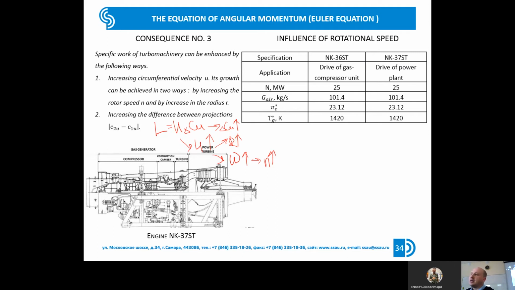Initially, it was the aircraft engine NK32, a three-shaft bypass engine with afterburner, and it was for military aircraft, but maybe 30 years ago, it was converted for ground application.